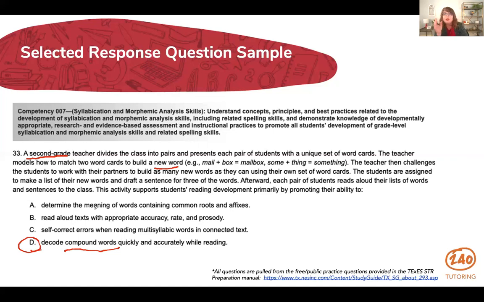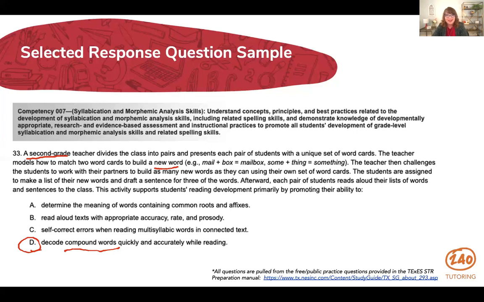The only one that references compound words is choice D. Working with compound words should help students recognize them and read them, or in other words, decode them quickly and accurately while reading, as it said in this answer choice. All right, the other answer choices do not align with the specific type of words being worked with in this scenario.